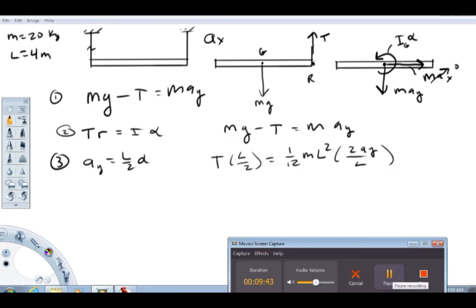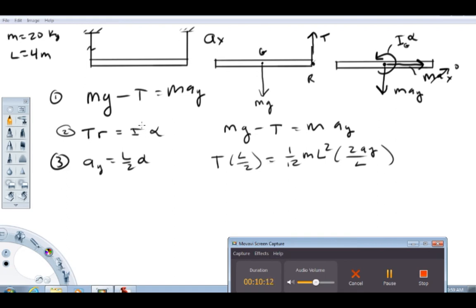Alright, I'm back. I've done a couple of little algebra moves here that I want to talk about. This equation, mg minus T equals m a_y, I just recopied right here. And this equation, T times r, was coming from the torque produced about point G. The r would be this distance, which is half the length of the beam, so that became T times L over 2 equals I alpha.